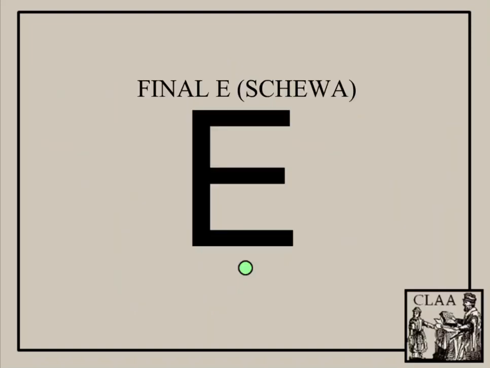In our last lesson on Middle English, we learned about the final A, called the schwa. We learned that at the end of Middle English words, the schwa was pronounced with the sound. In modern English, the final A is ignored.